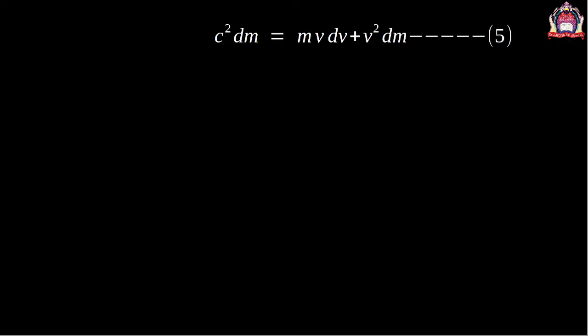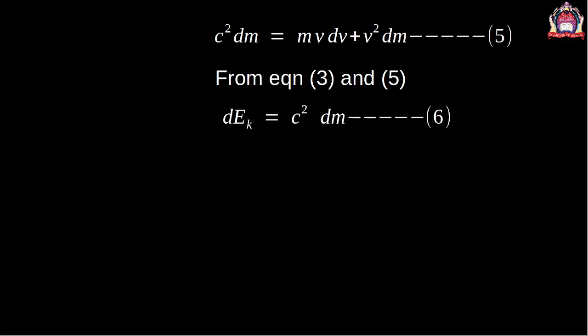So c² dm = mv dv + v² dm. From equations 3 and 5, we get the change in kinetic energy is equal to c² dm. The right-hand sides of the equations are the same. So the change in kinetic energy is directly proportional to the change in mass dm.